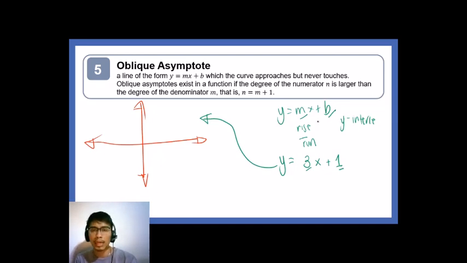In your geometry class, that is the slope-intercept form of your equation, where m is the slope or the rise over run, and b is the y-intercept. So once we graph this example, y is equal to 3x plus 1, we begin with the y-intercept, which is positive 1, located here.